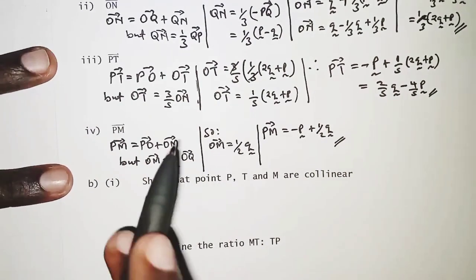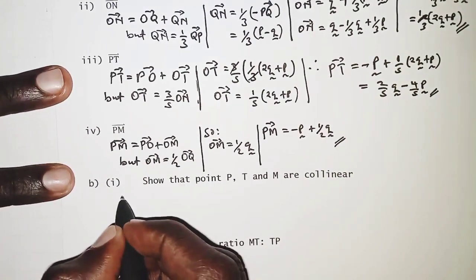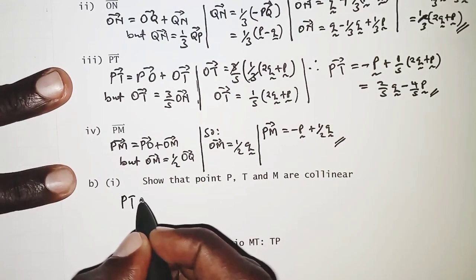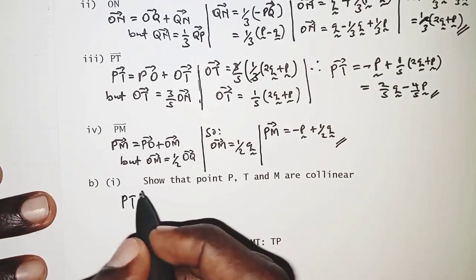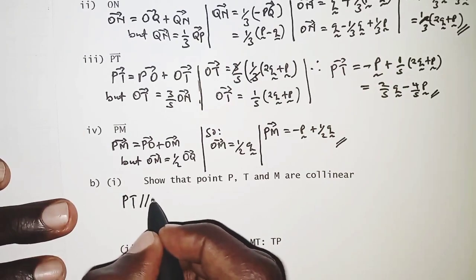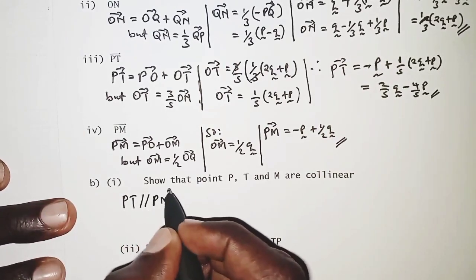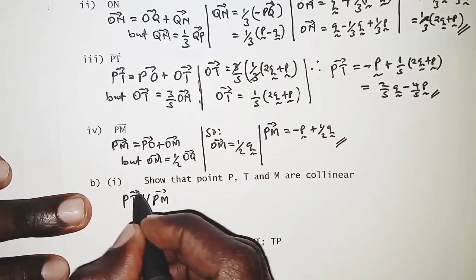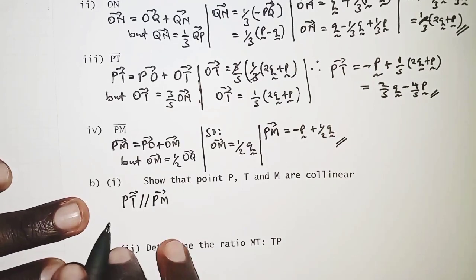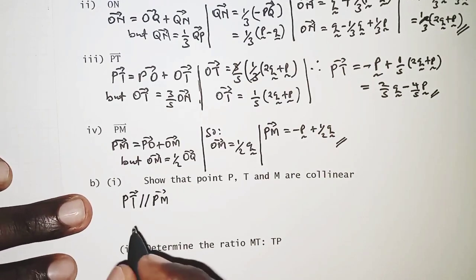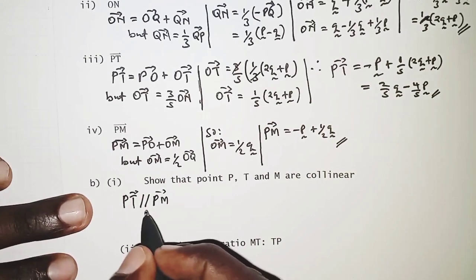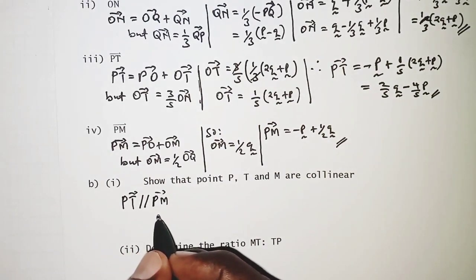So what we are going to show is that PT is parallel to PM. So how do we show that? We simply show that one is a scalar multiple of the other.